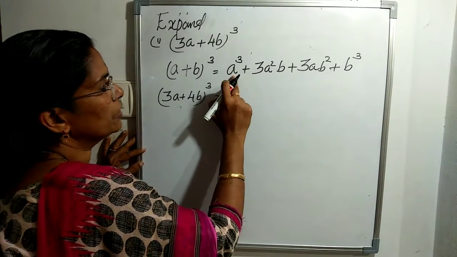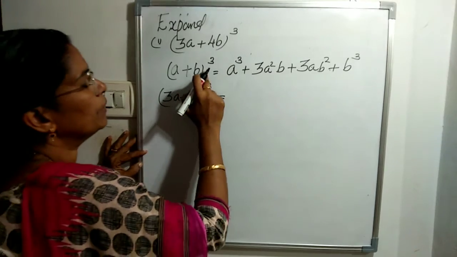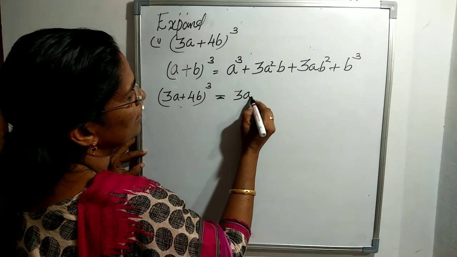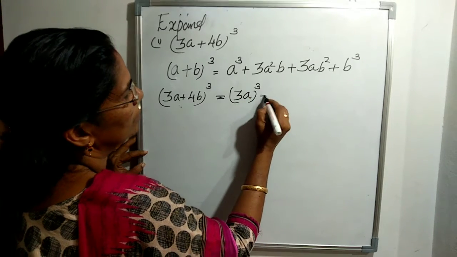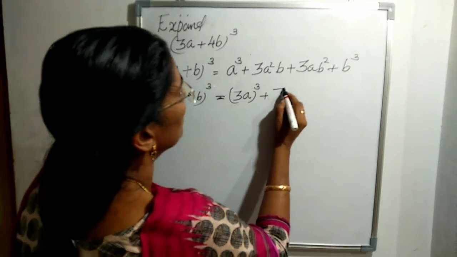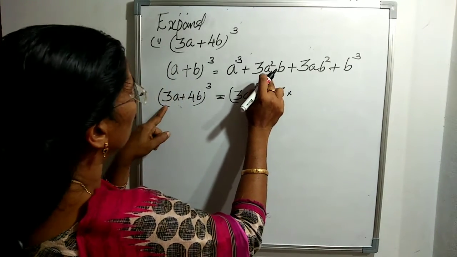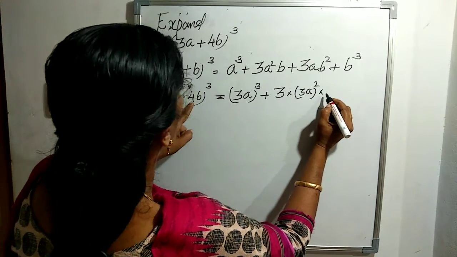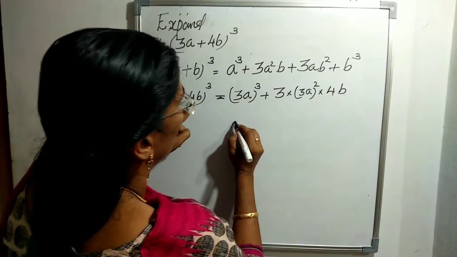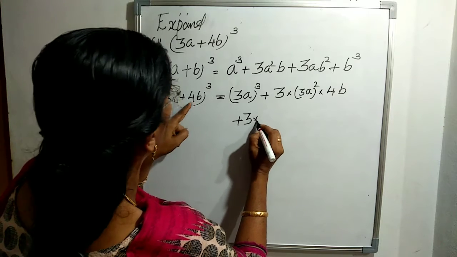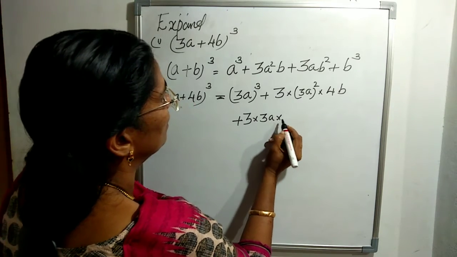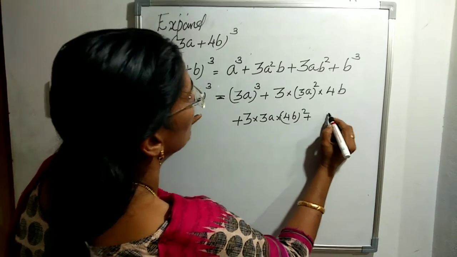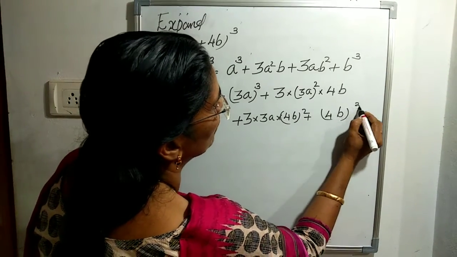Substituting the values: instead of a, here it is 3a, instead of b, here it is 4b. So it becomes (3a) whole cube plus 3 into (3a) square into (4b), plus 3 into (3a) into (4b) square, plus (4b) whole cube.